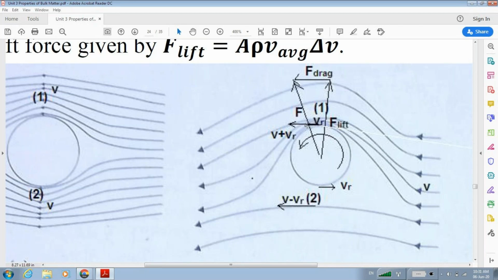So here the direction of the streamlines as well as the direction of the rotational velocity of the ball are the same at the top of the ball in region 1.